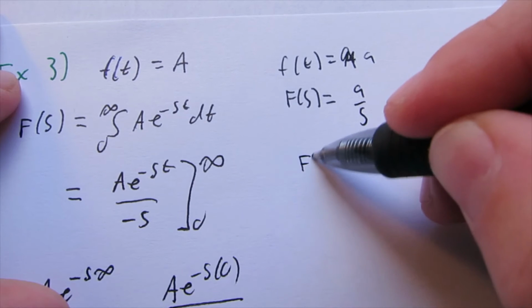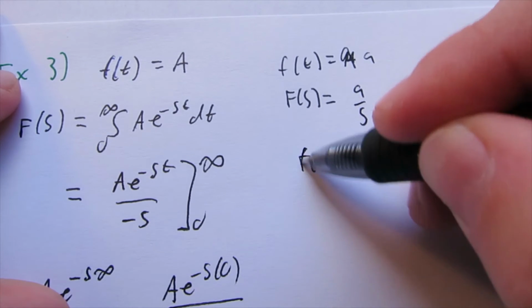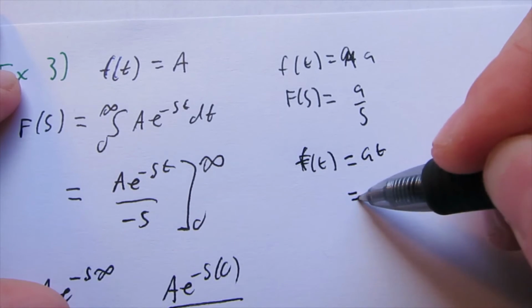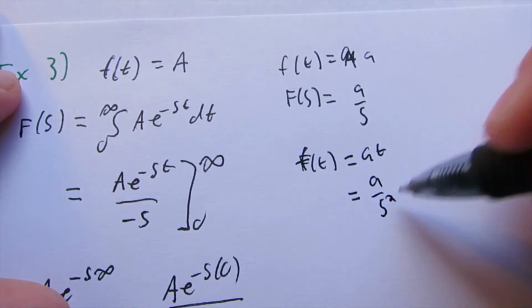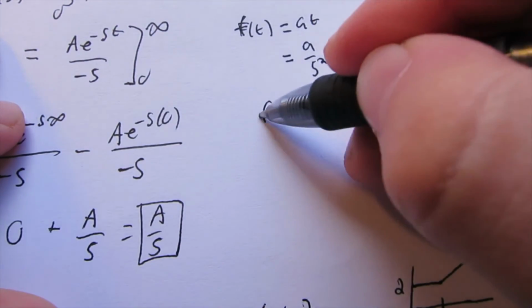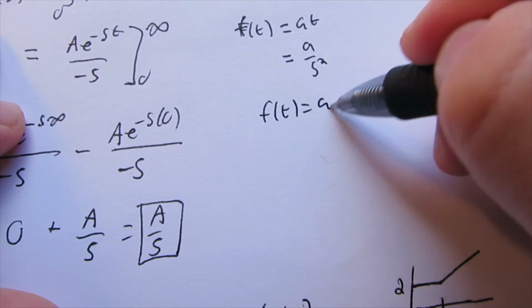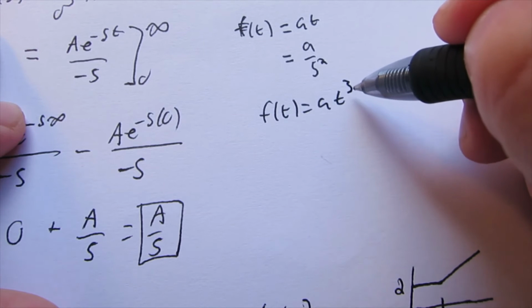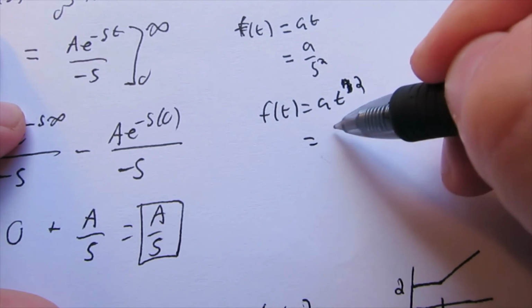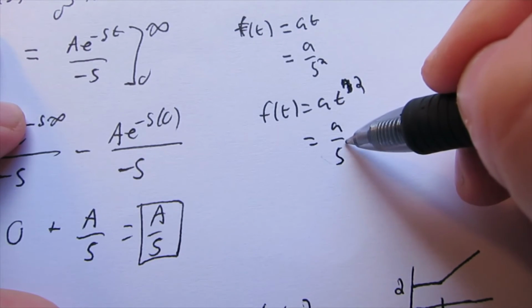Then we have f of t equals a t, the Laplace transform of that is a over s squared. And you can see the trend here. If we have f of t equals a t squared, that equals a over s to the third.